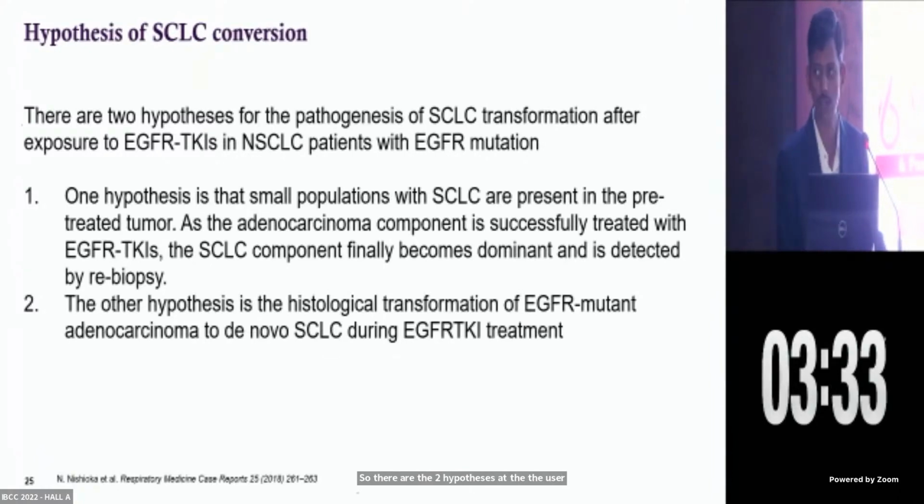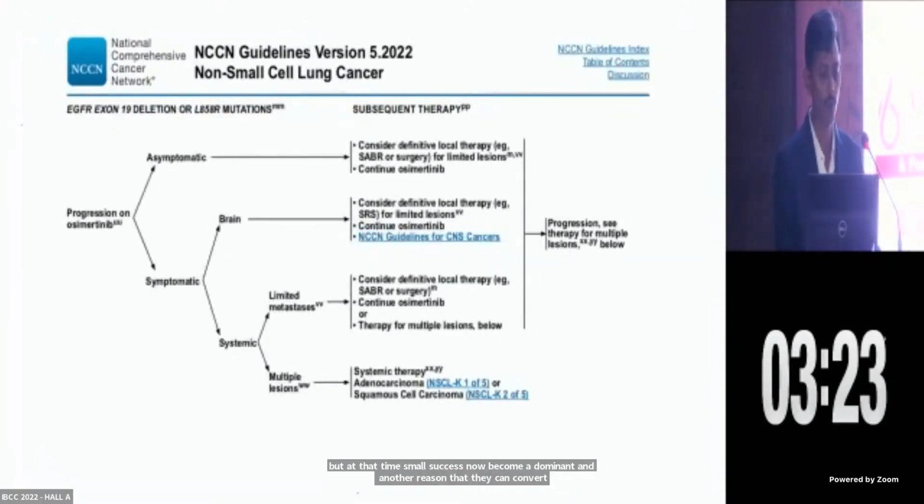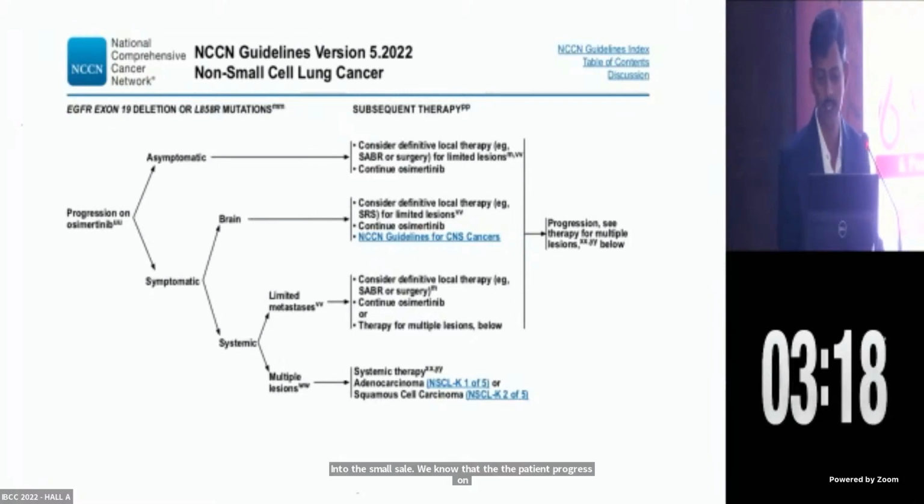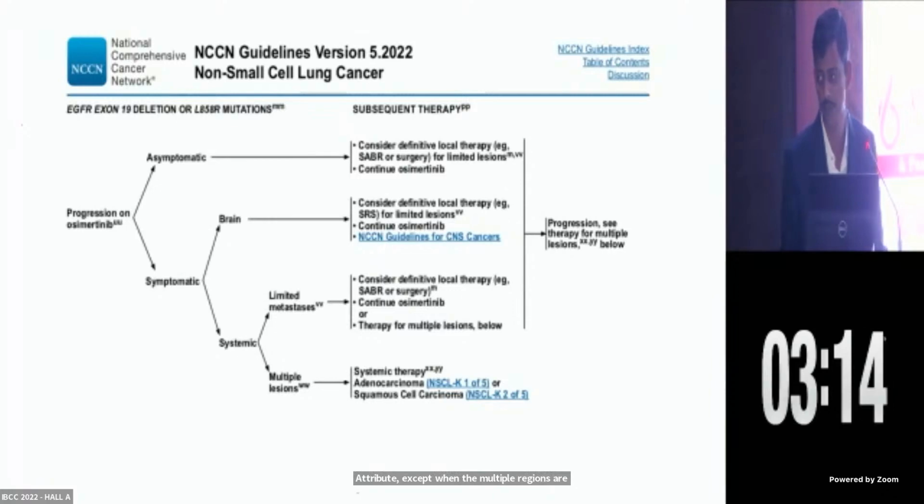With treatment, the adenocarcinoma component gets treated, but at that time small cell carcinoma becomes dominant. The other is that it can convert into small cell. We know that when a patient progresses on osimertinib, we will continue osimertinib except when multiple lesions develop, when we can change to systemic therapy.